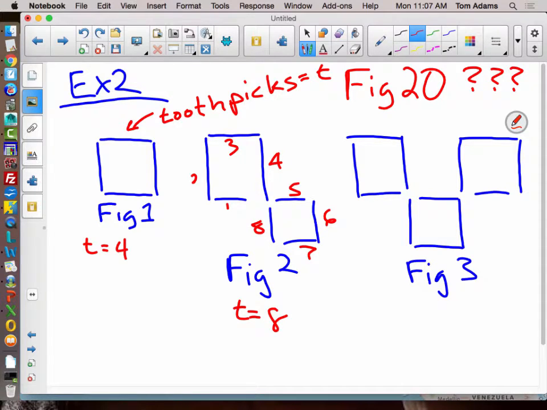Before I even get started, how many do you think we'll have here? And the next one? Yeah, 12. Let's see. 1, 2, 3, 4, 5, 6, 7, 8, 9, 10, 11, 12. All right. So far, so good. So t equals 12.